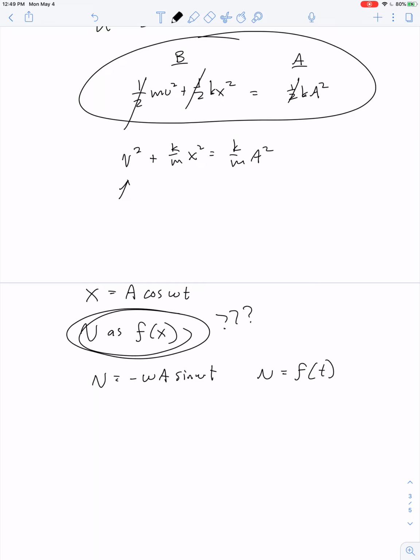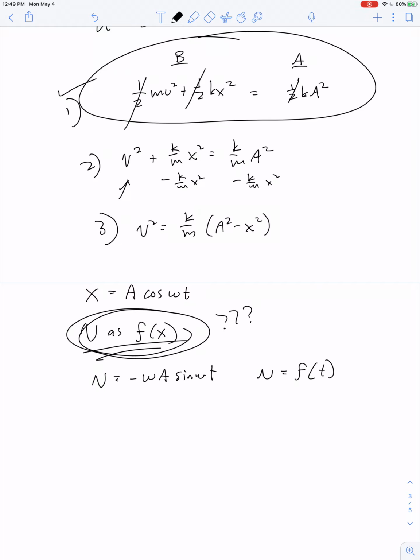What we want is velocity as a function of position. Well, that's what we're getting by applying the law of conservation of energy. All we need to do is subtract K over M times x squared on both sides of the equation. So we go from step 1 to step 2 to step 3, which says v squared equals K over M times the quantity a squared minus x squared.